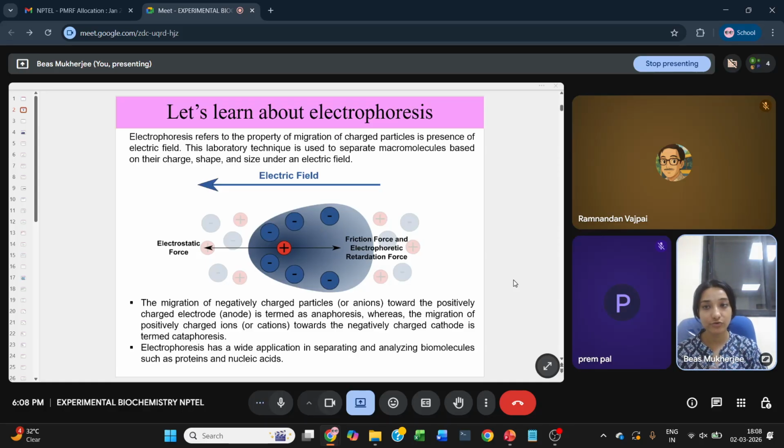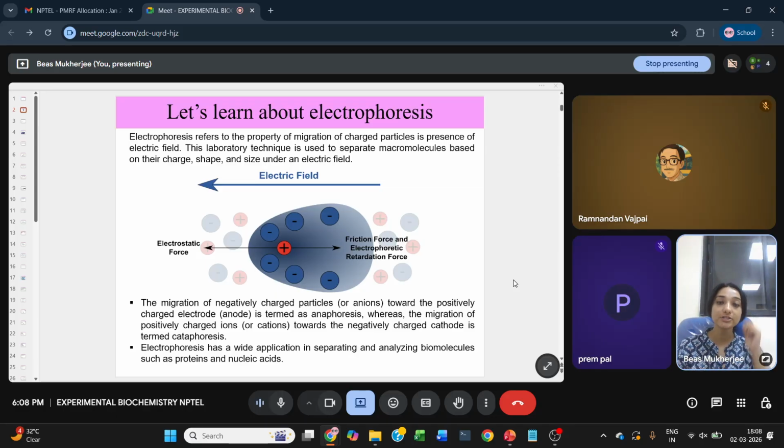So what is electrophoresis? Electrophoresis refers to the property of migration of charged particles in the presence of an electric field. This laboratory technique is used to separate macromolecules based on their charge, shape and size under the electric field.